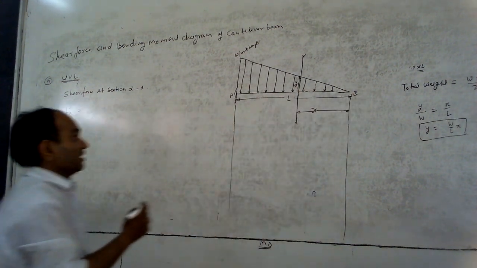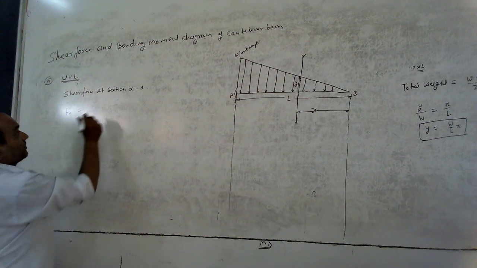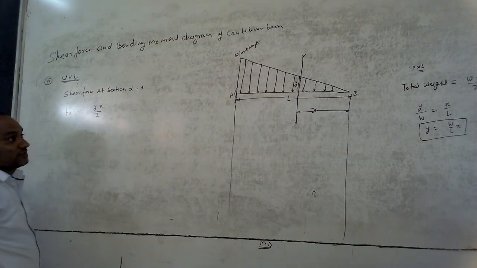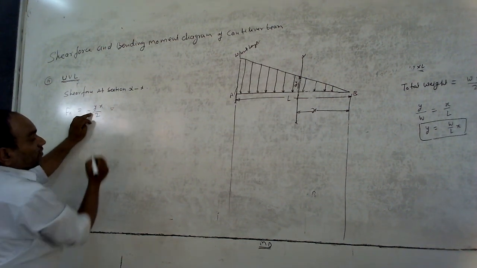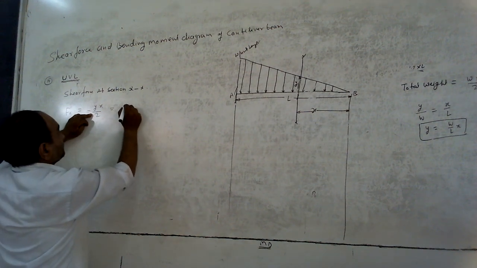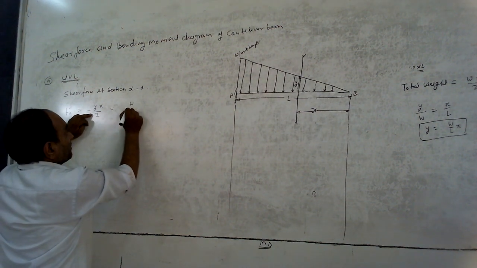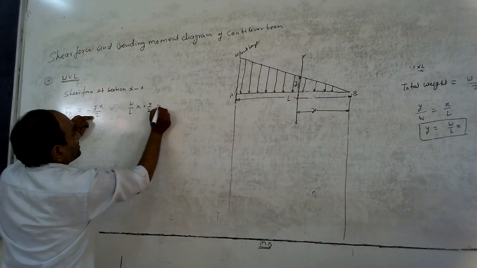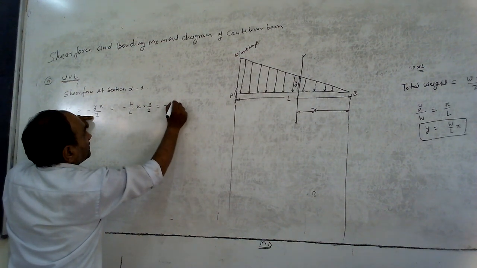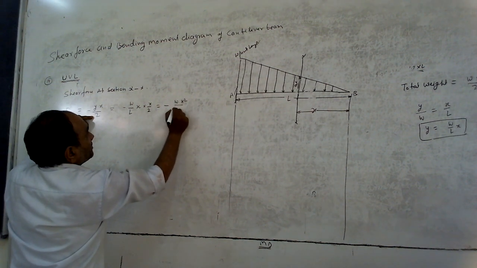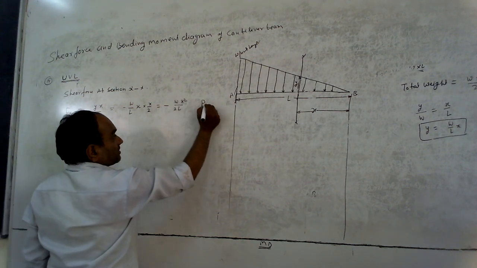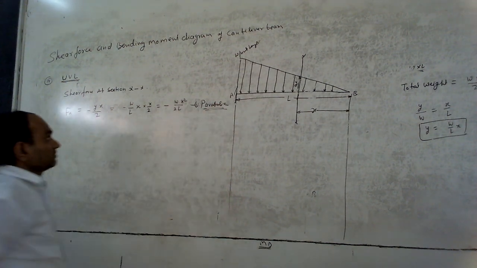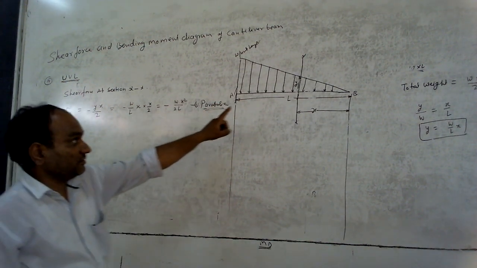So I have to find out the value of the area. Area means y into x by 2, and minus. Put the value of y from that relation. So y means W upon L into x, by 2. That is minus kW x square by 2L. This is the parabolic relation, equation number 1. This is the shear force at section XX.